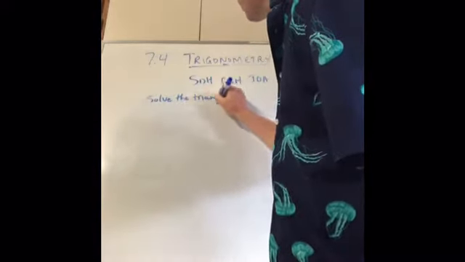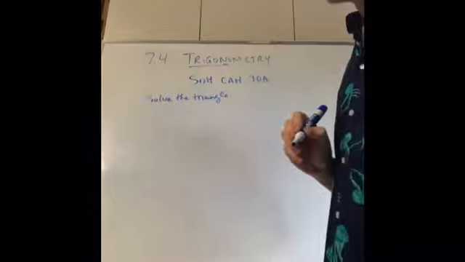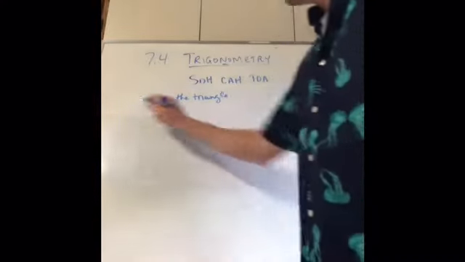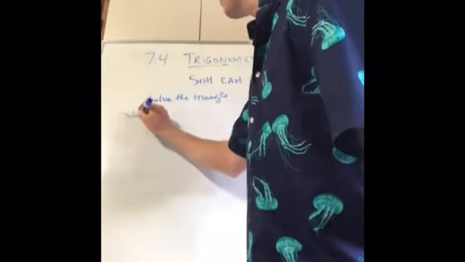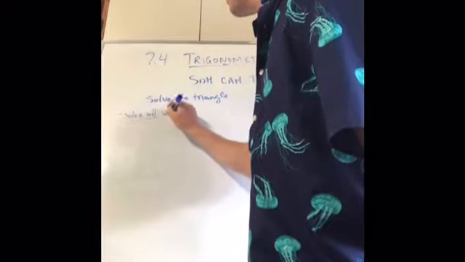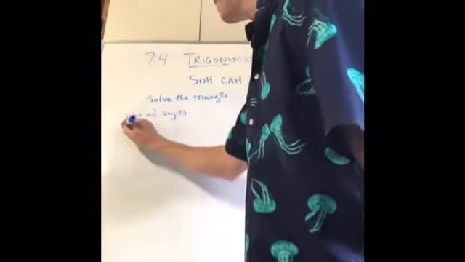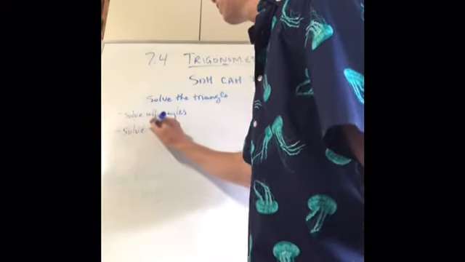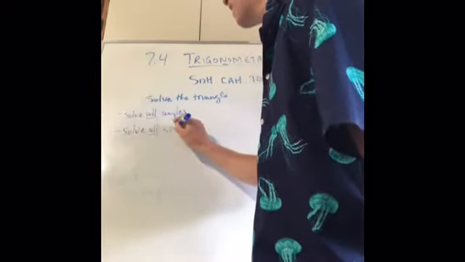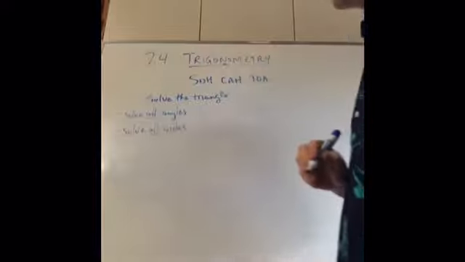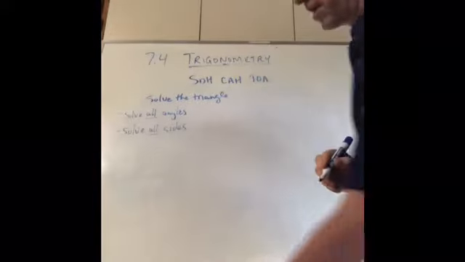So for this example here, we are going to solve the triangle. What does solve the triangle mean? It means solve all the angles, so I need to know what all 3 angles are. And it means to solve all sides, so you need to provide the length of all 3 sides.